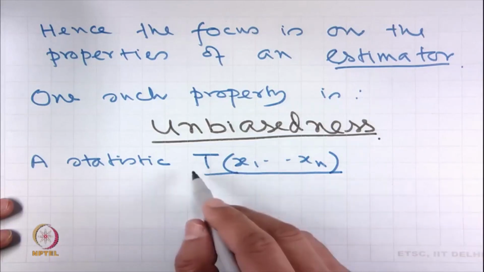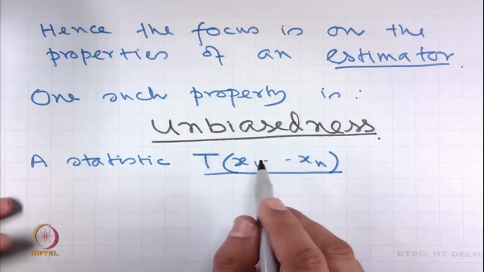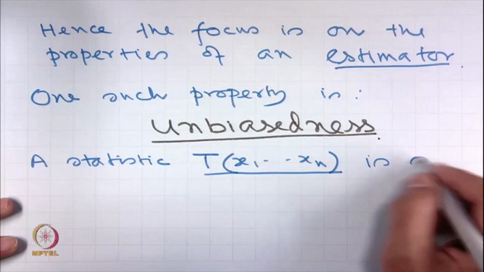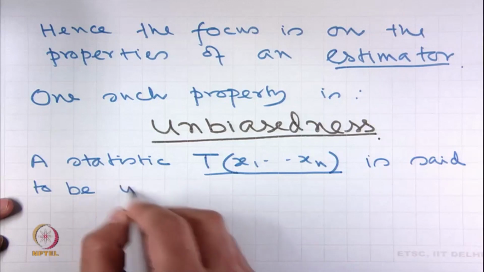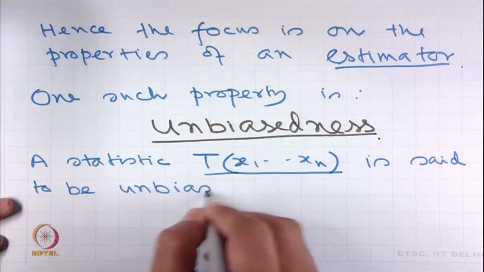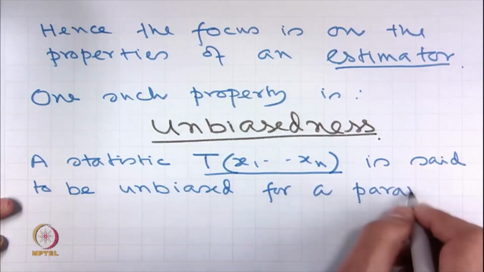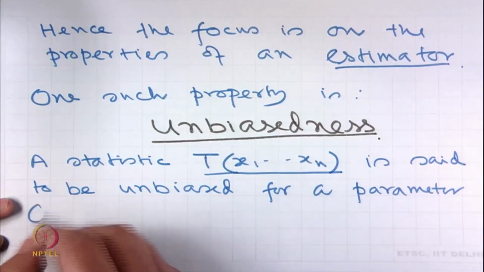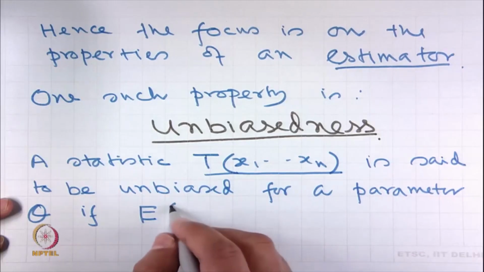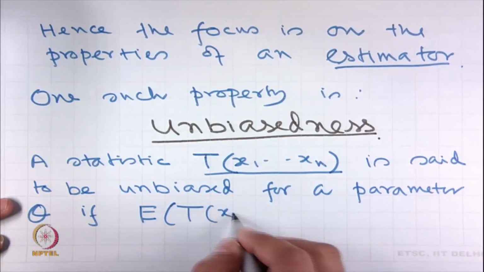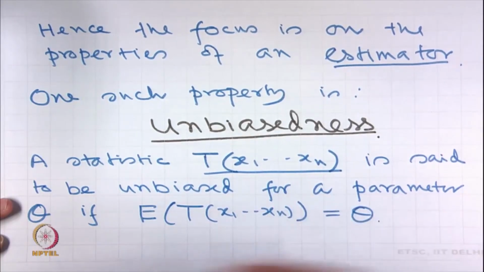So, once the sample is taken, we can compute T. It is said to be unbiased for a parameter theta if expected value of T x 1 to x n is equal to theta.